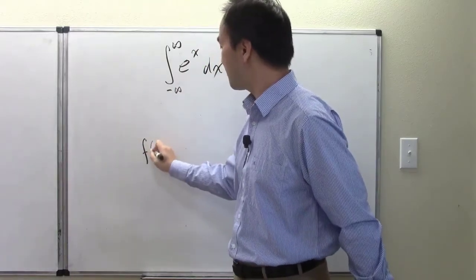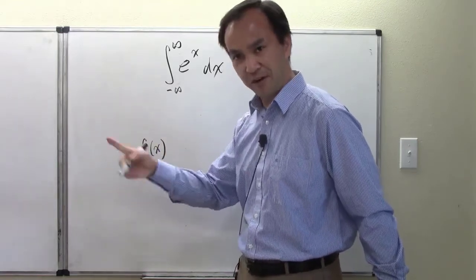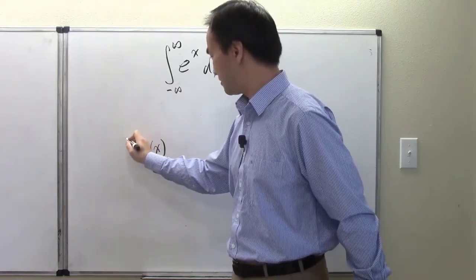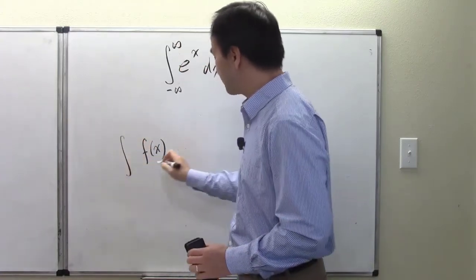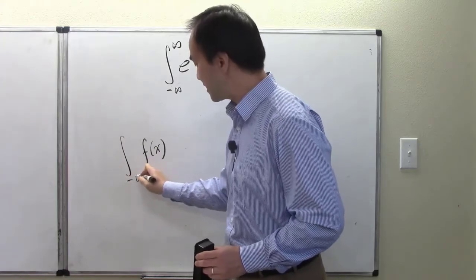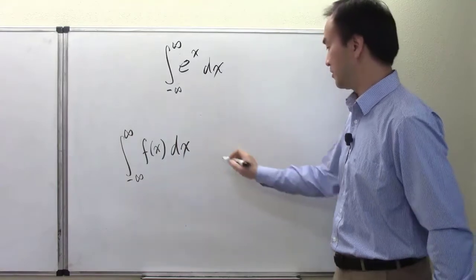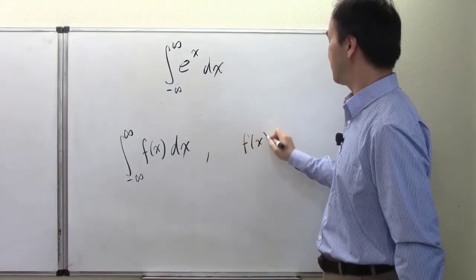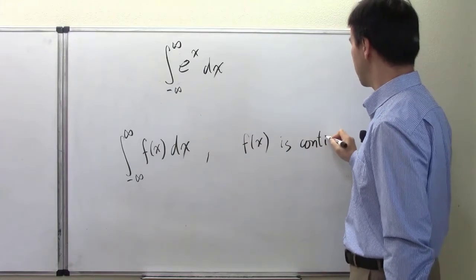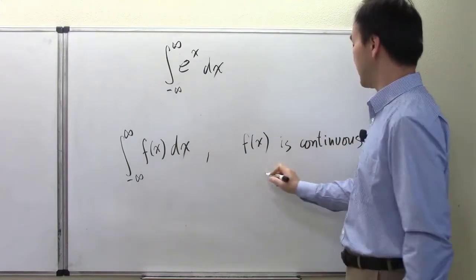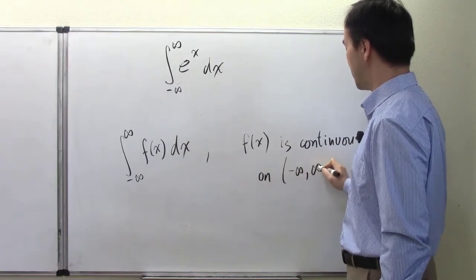Let's say on a function being continuous on the interval from negative infinity to infinity, then we're accumulating from minus infinity to positive infinity on that function. So yes, let's consider our function f of x is continuous on that interval from minus infinity to positive infinity.